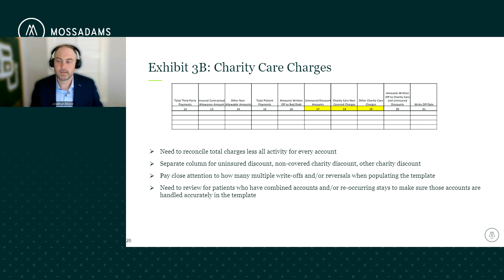So you're not only identifying the charity discounts, making sure they're allowable, making sure you have the support, but you're actually reconciling the account out and putting all of that activity in these various buckets. And then there's various buckets for charity care, right?